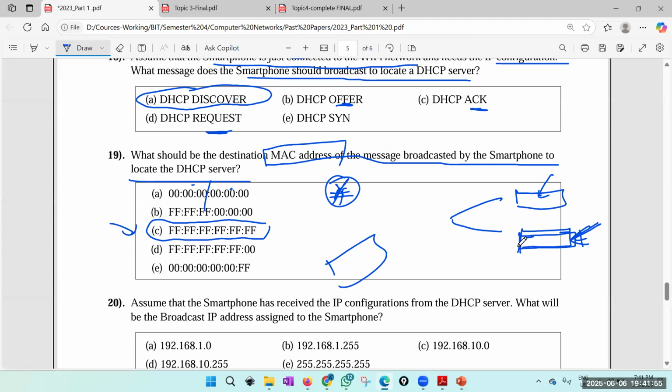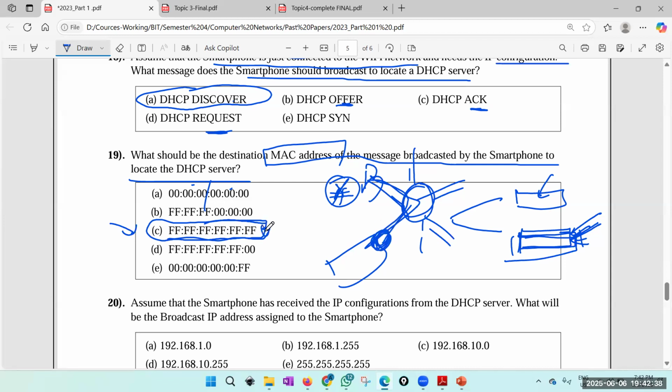Just like in IP addresses we take the biggest number in that range as the broadcast, at the hardware level, the MAC address level, if you want to broadcast your data frame to each and every machine connected to the switch, you just send it to this address. Then your switch will broadcast it to each and every node connected, because only then can you get the response from the DHCP server. You still don't know, you are still trying to get an IP address, right? So therefore you need to broadcast. And then the DHCP server must respond to you because your MAC address is there in your message.